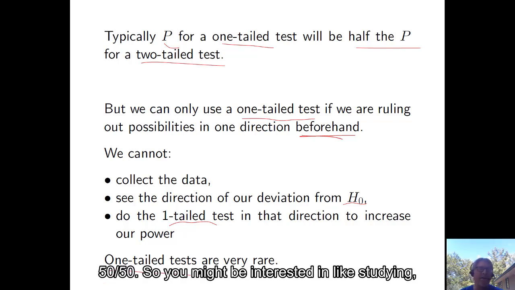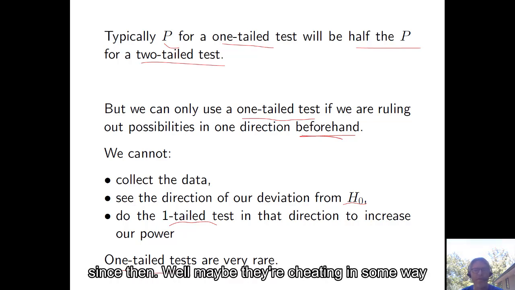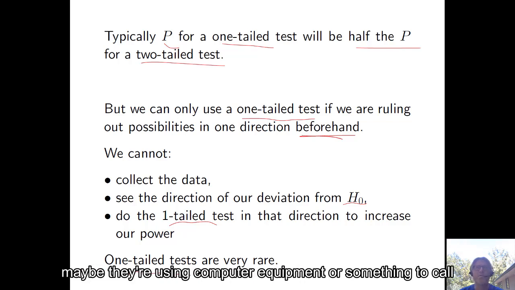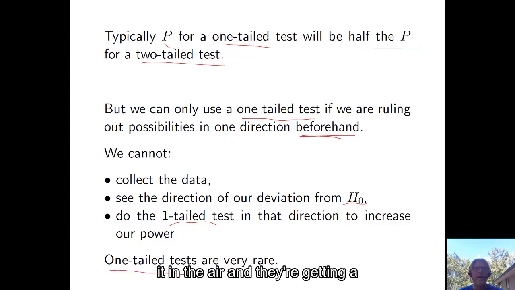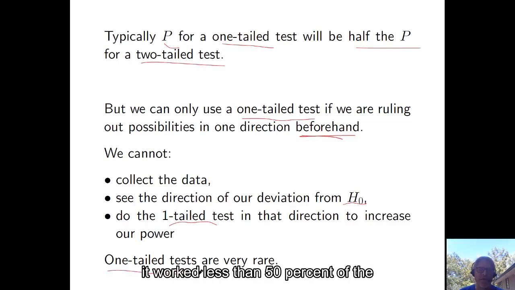So you might be interested in studying how well they call the coin in the air, and if it's greater than 0.5 that they get it right, in a statistically significant sense, then maybe they're cheating in some way. Maybe they're using computer equipment to call it in the air, and they're getting an unfair advantage. Presumably, they wouldn't be using that method if it worked less than 50% of the time. So you're not really suspicious when they're calling it in the air and getting it wrong most of the time. So you're only interested in one tail.